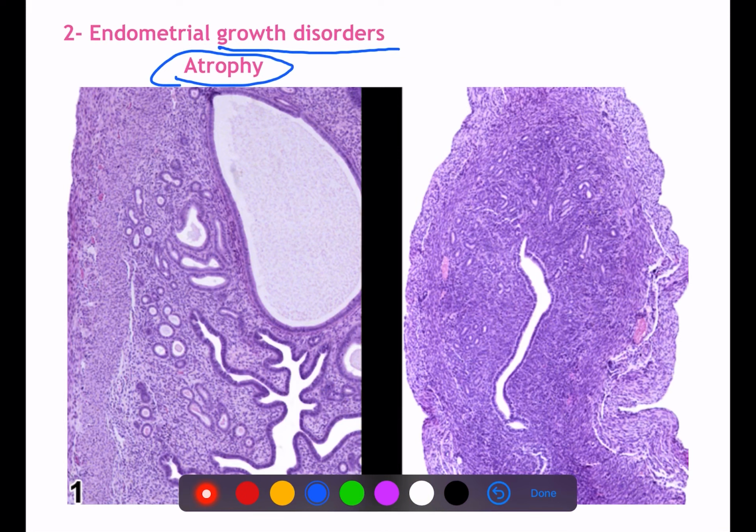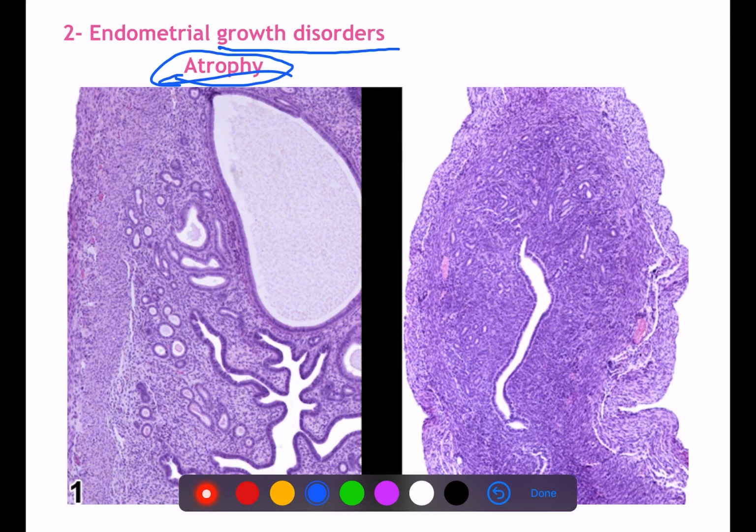These are opposite, due to different functional causative agents. The endometrial atrophy occurs due to cachexia or due to ovariectomy.